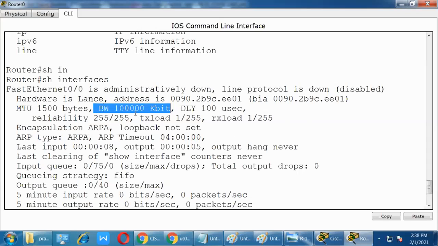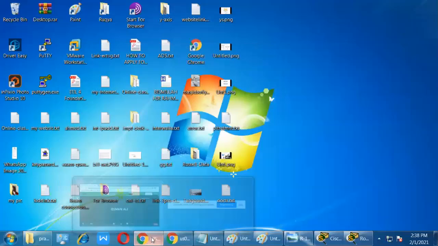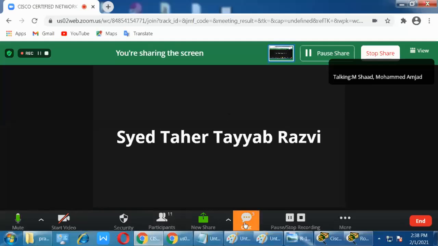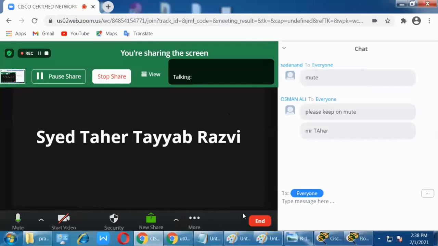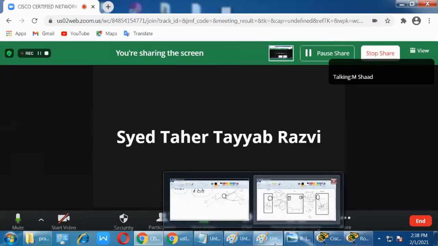This is the interface information. How we can see it, we will discuss. So, serial interface. Mr. Amjad, you're asking about the serial interface, right? Okay, got the point. So that is the interface.